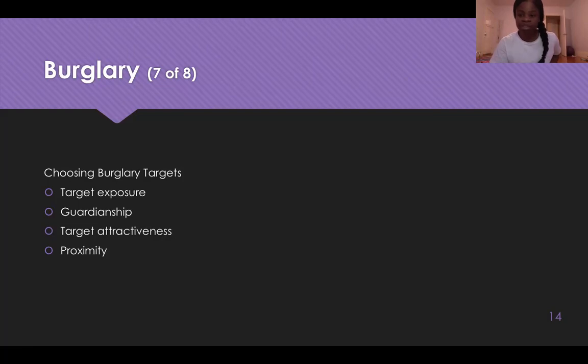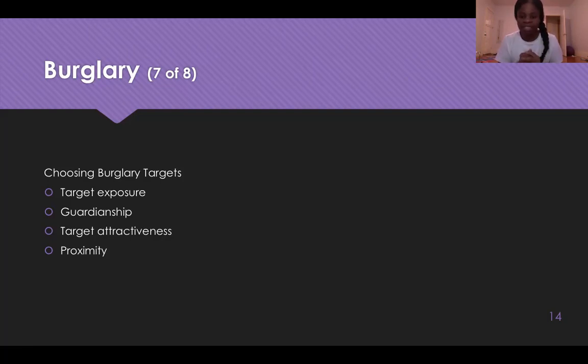Target exposure refers to the visibility and accessibility of a home, for instance, isolation from other homes and easy access via side or back doors, windows, etc. Guardianship refers to how well the home is protected.